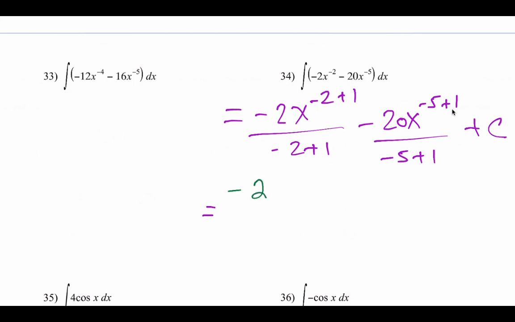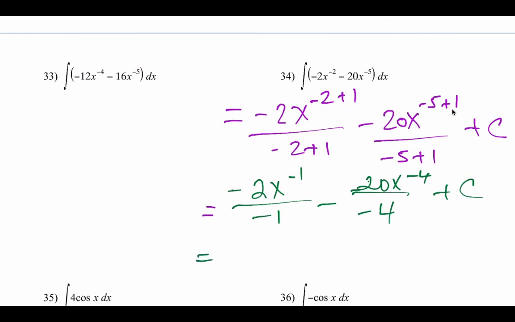So negative 2, x to the negative 1 over negative 1, minus 20, x to the negative 4 divided by negative 4, plus c.